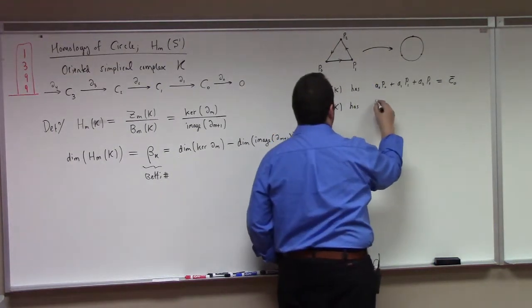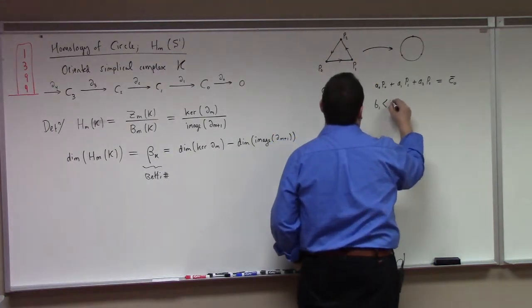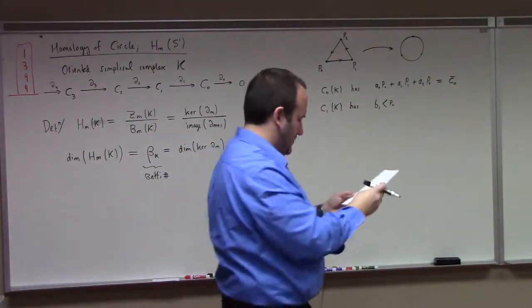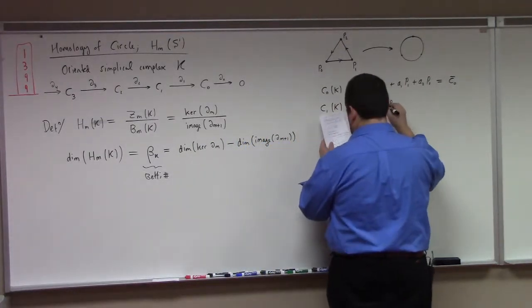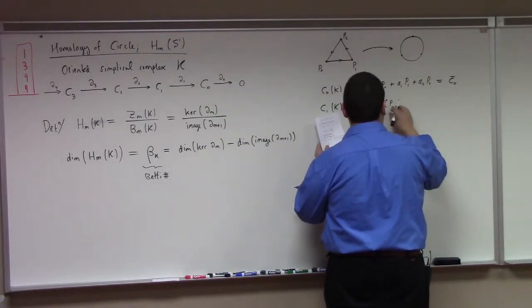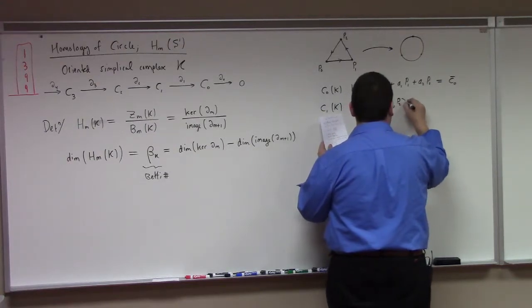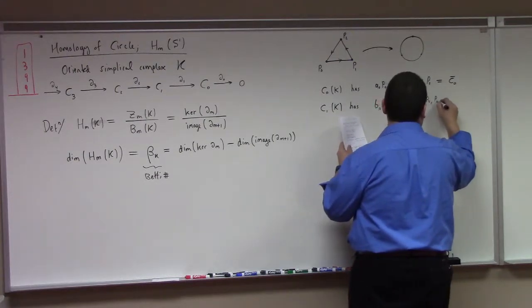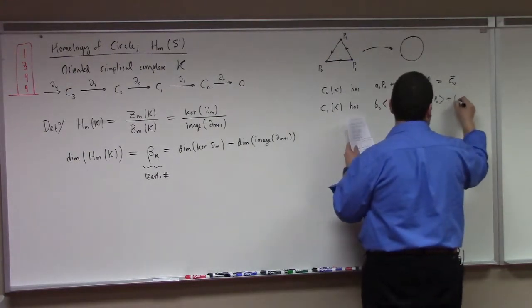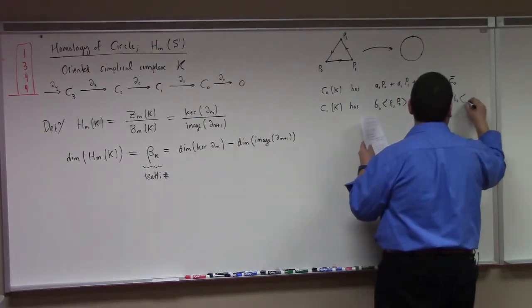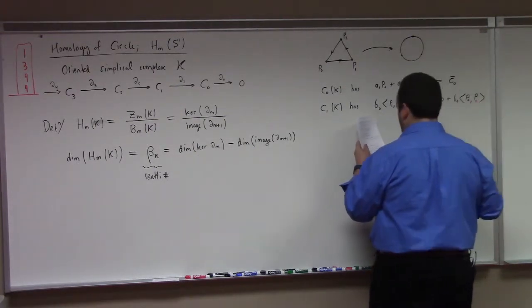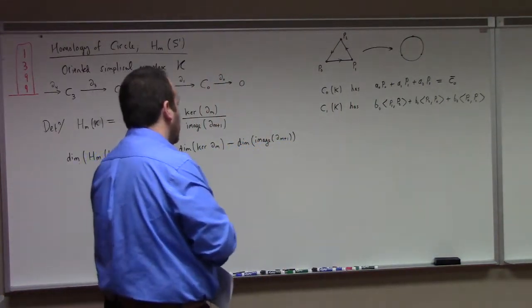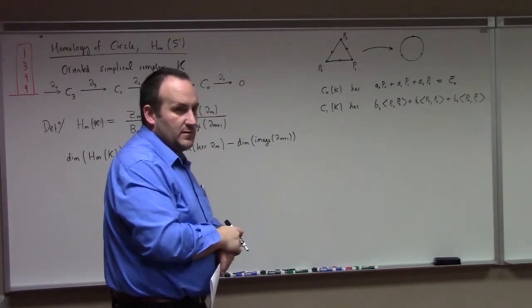It'd be something like B0, P1, P2, let me make sure I don't mess up the notation, plus B1, P2, P0, plus B2, P0, P1. That is what a generic one chain would look like for the triangle.